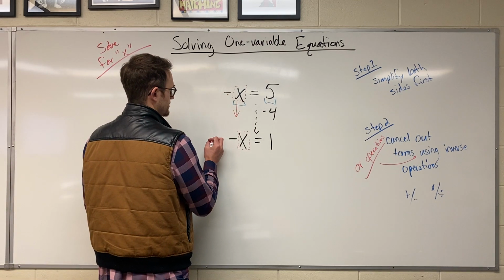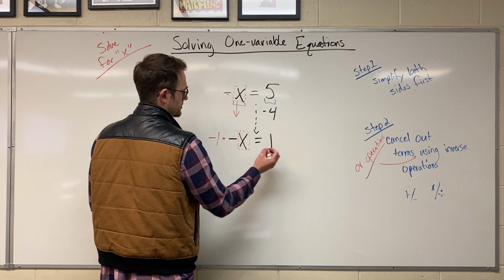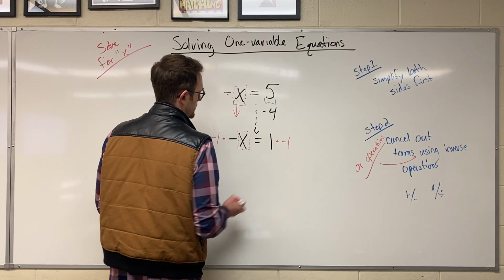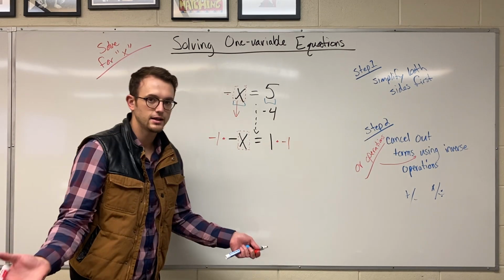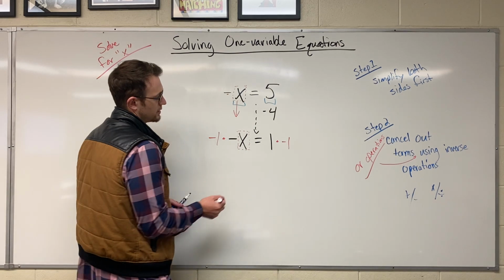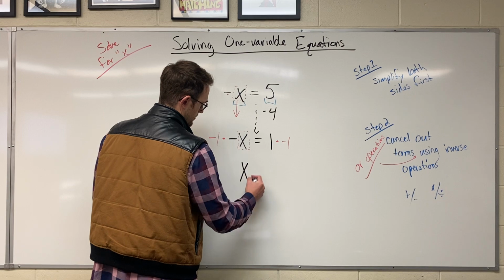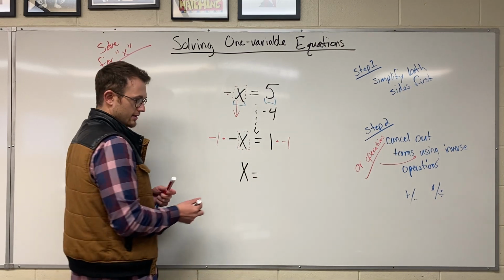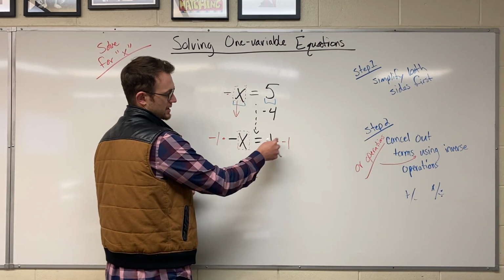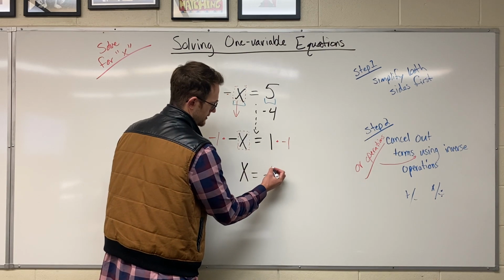So times -1 times -1. Negative times a negative is a positive. So I get +x, which is the whole point, that's why we did it. And then a positive times a negative is a negative.